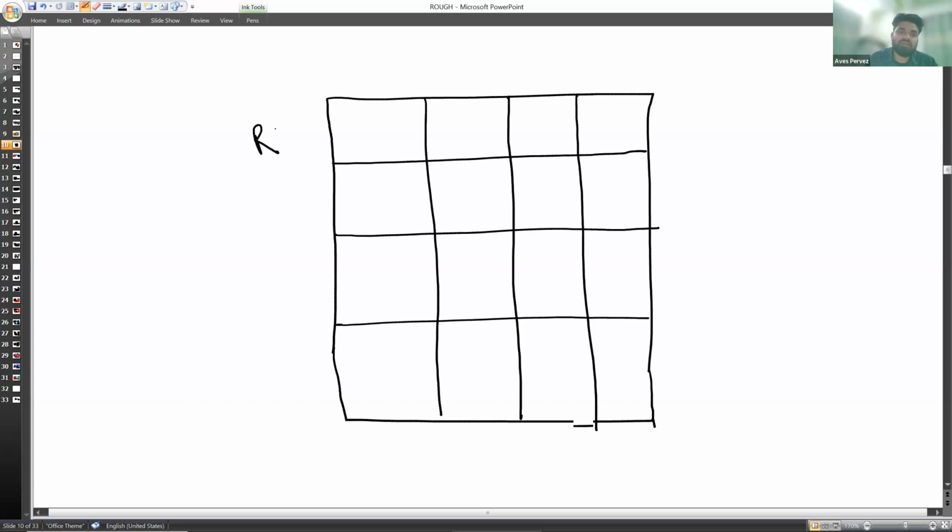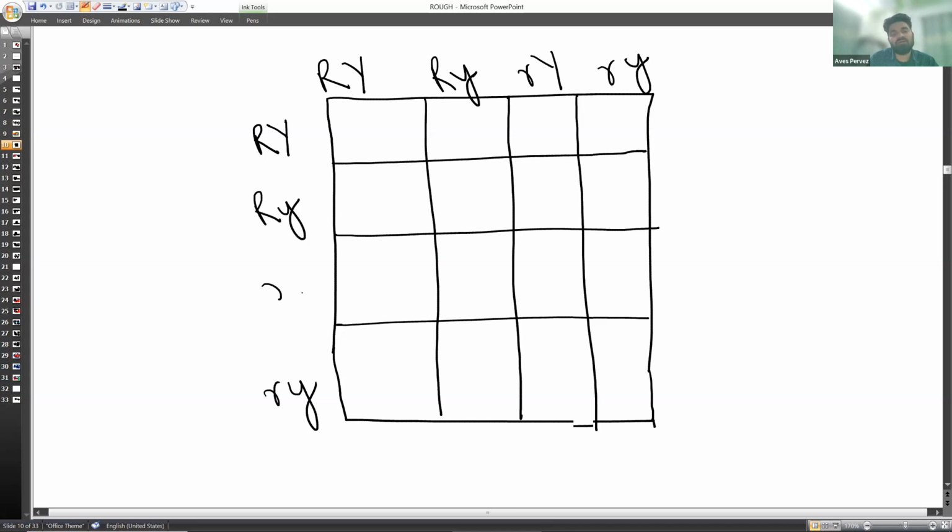The way of writing this one is very easy. First write capital R, capital Y, and here also capital R, capital Y. Then write here small r, small y, then write here small r, small y. Then write capital R, small y here, capital R, small y, and here small r, capital Y. Same here, capital R, small y, and small r, capital Y. Got it?